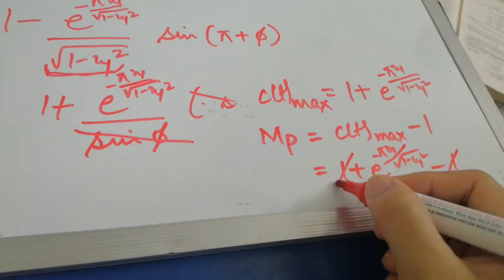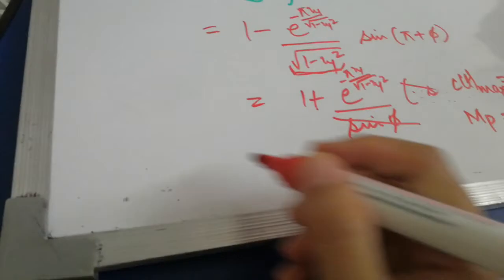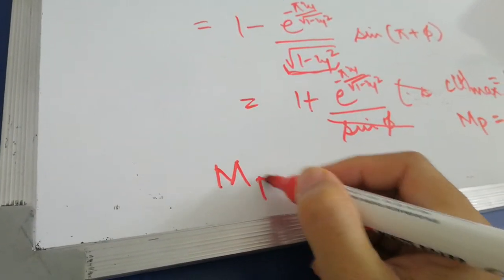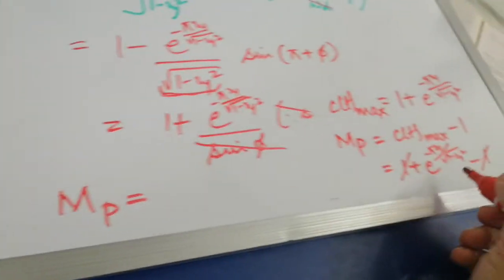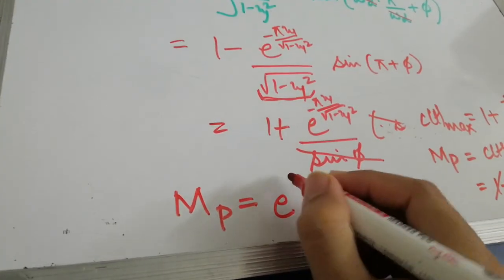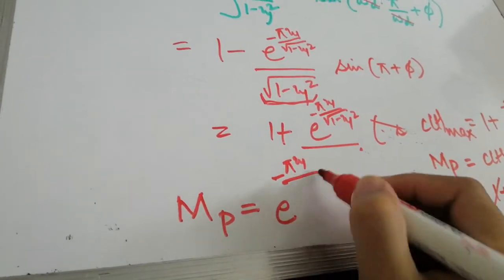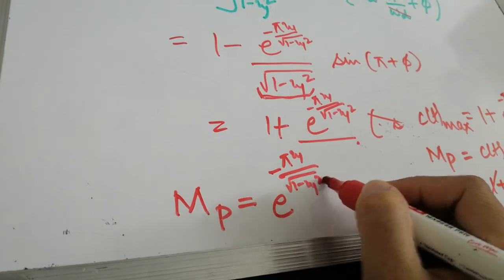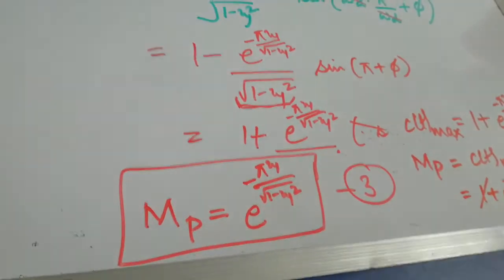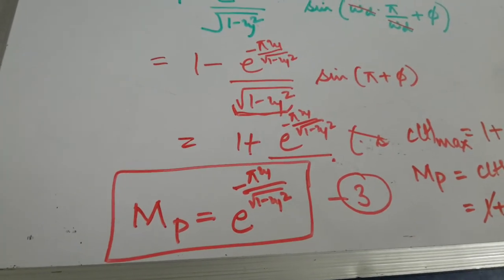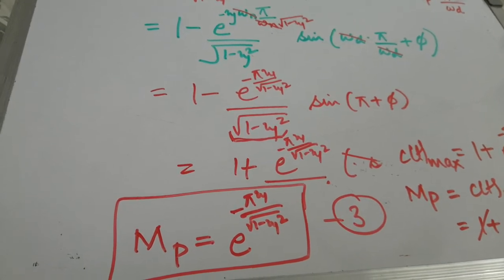So this 1 cancels out, and now we get the complete value of our Mp as e raised to the power of minus pi zeta upon under root of 1 minus zeta square. So mark this as your third formula. This is the third formula that we are going to use again in our numericals that we are going to start doing from tomorrow.